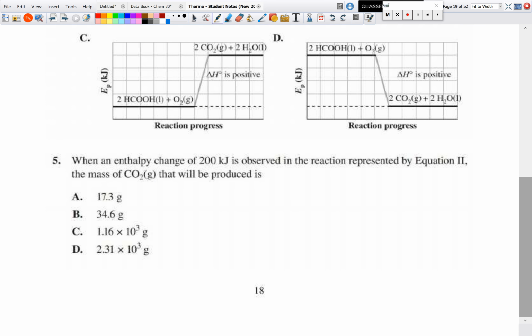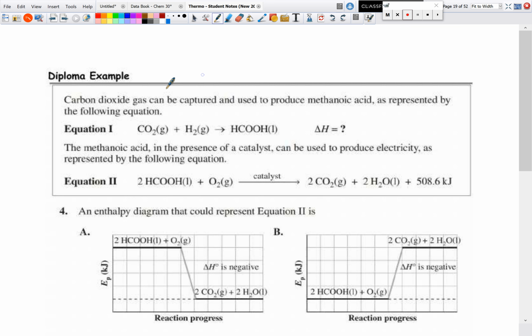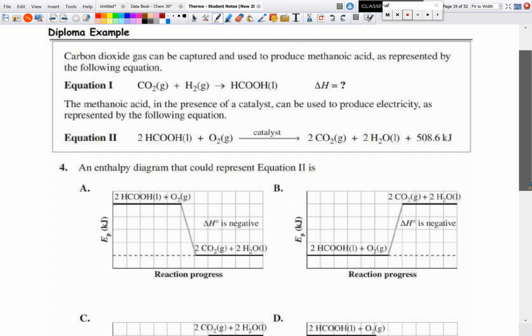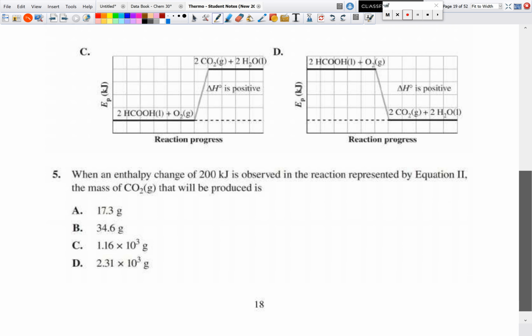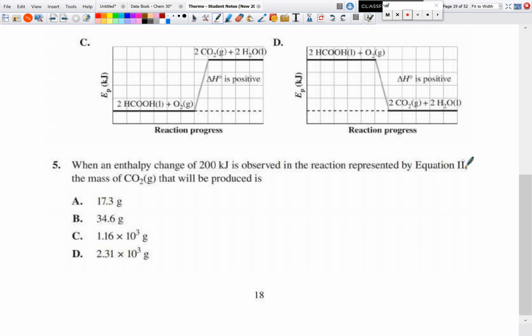What is the mass of CO2 produced? So we're still using this one right here, specifically equation 2, so you cannot even worry about equation 1 whatsoever. Now, I can't remember if in the notes this is equation 1 or 2, but just make sure it does say equation 2. That's the only way to solve this one.